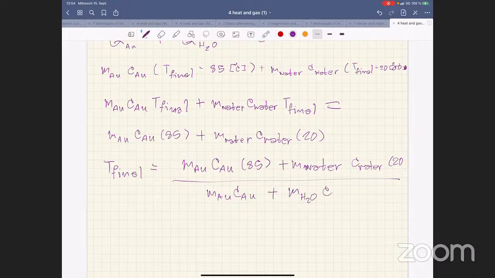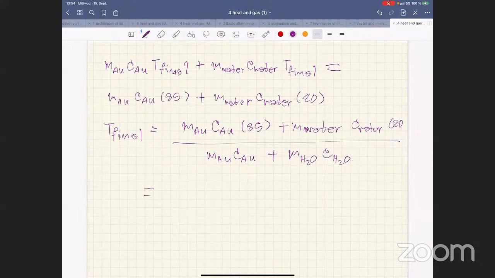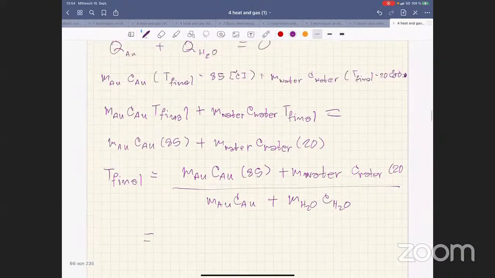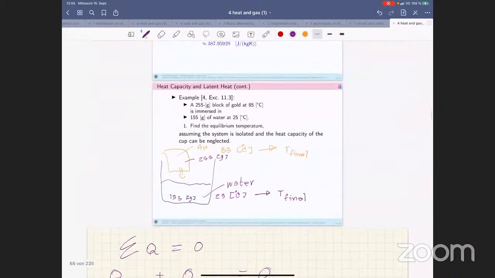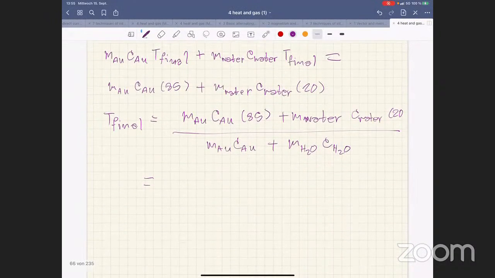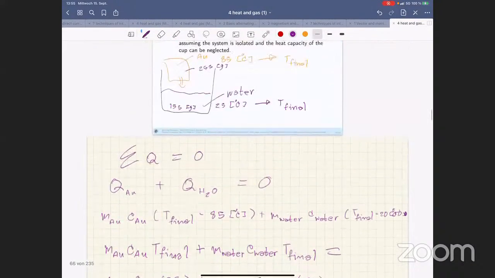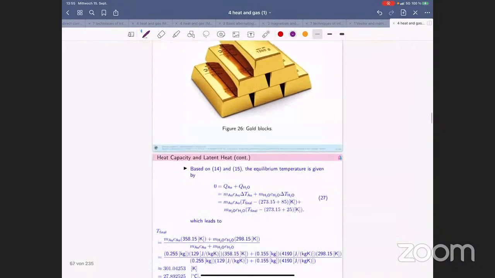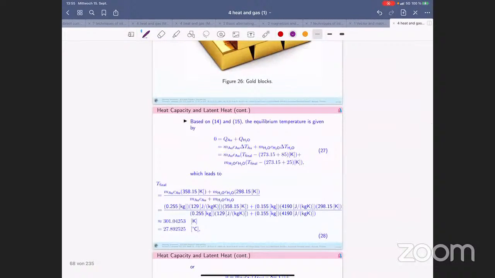Let's see, C H2O, right? And we put the numerical values, the number 0.255 kilogram, right? And specific heat of copper is provided there, some 129.